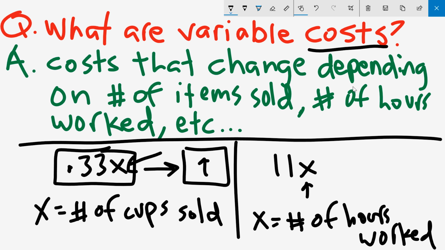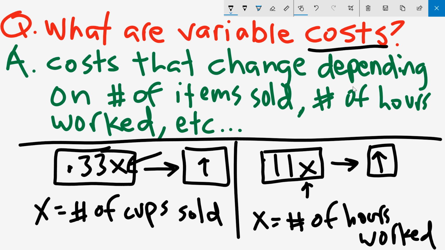Same with this employee that we have, right? The more hours that employee works, the larger the money I have to pay out, the larger the cost, right? So that's what a variable cost is. A variable cost depends on the number of hours worked in this case, right?